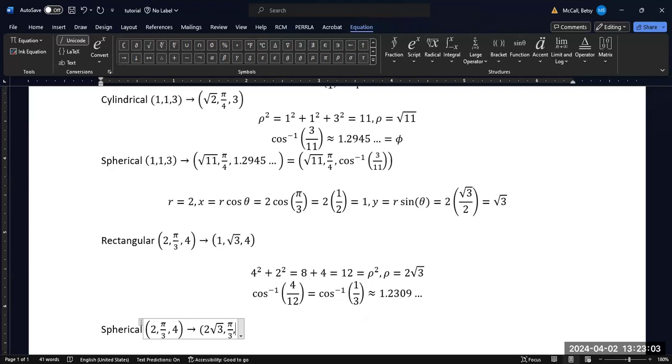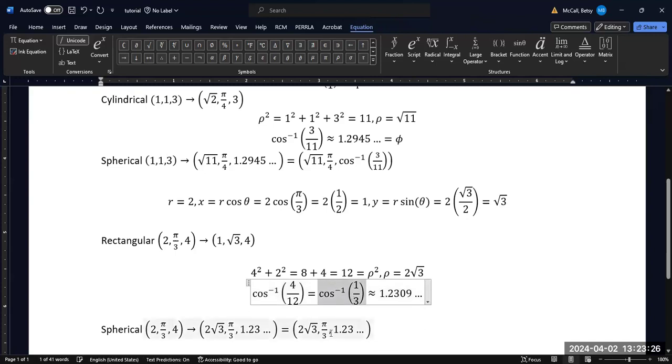And then we have our 1.23 approximately. Or as I mentioned before, we can just use the exact value for the inverse cosine.